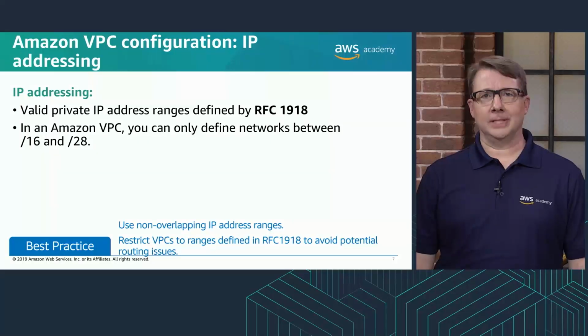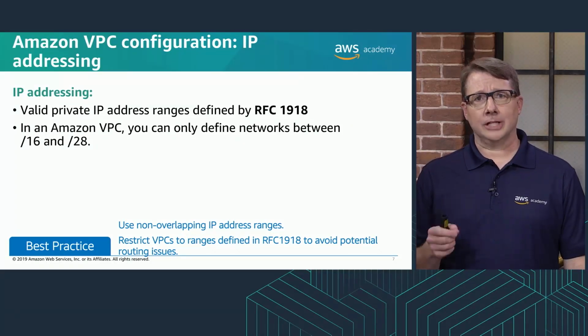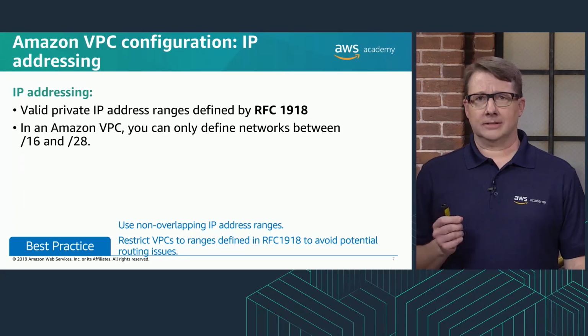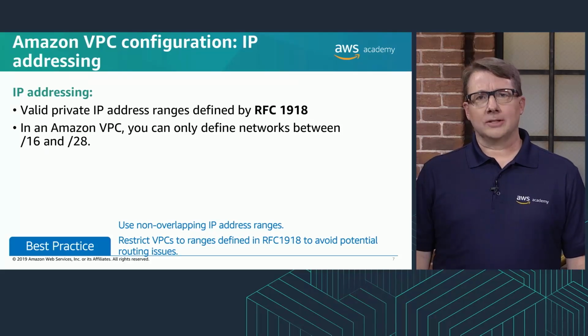When you create a VPC, you specify its allowable IP address range. This range represents IPv4 addresses. The IP address range is expressed as a classless interdomain routing, or CIDR, block. This required range is known as the primary CIDR block of the VPC.